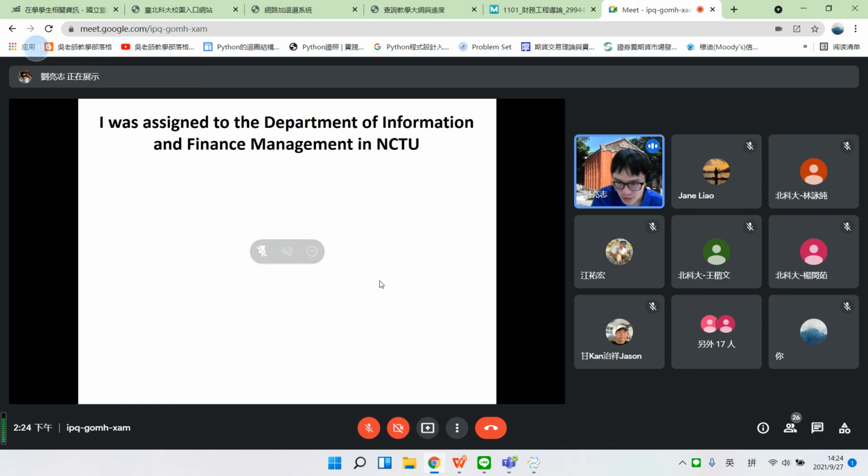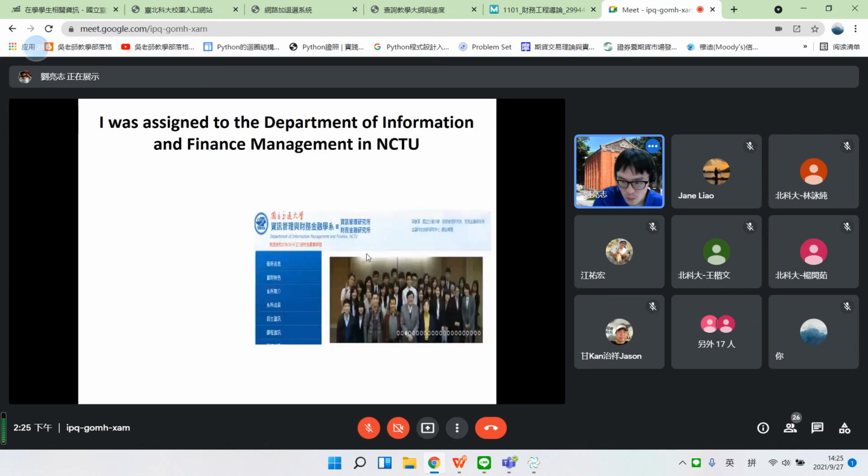though my score did allow me to get the permission to enter the Department of English in Normal University, I was instead assigned to the Department of Information and Finance Management in National Jiao Tong University.